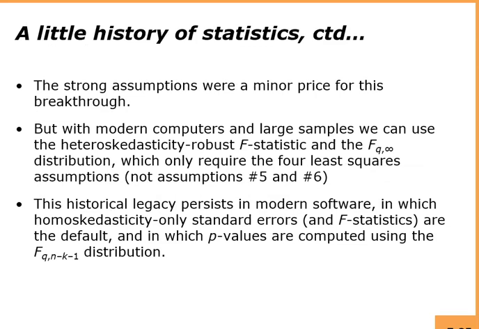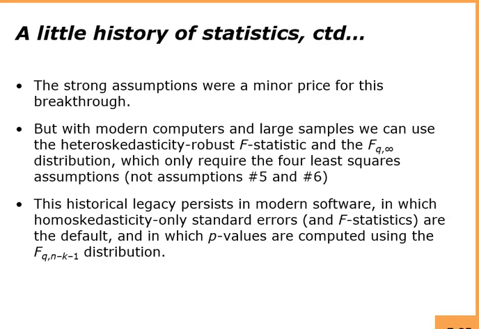So the strong assumptions of homoskedasticity were a minor price for the breakthrough and the ease that this kind of distribution provided, because we could simply look up this table to find out whether our calculated F-stat is greater or less than the critical F-stat, and then whether we can reject or fail to reject the joint null hypothesis.